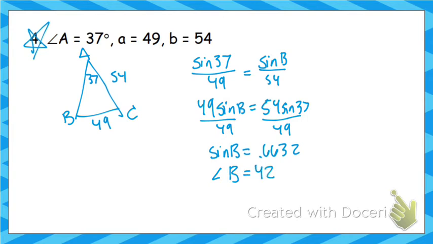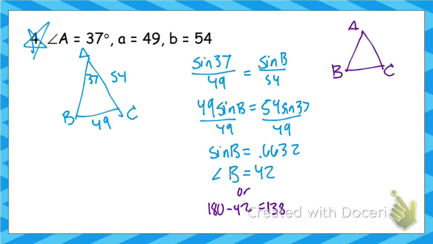But again, we have to be careful. With the ambiguous case, there is a second possible triangle. So I have to do 180 minus 42 to find that second angle, which is 138 degrees. Okay, well, now let's make sure that answer actually is possible. Let me draw my second triangle. I'm going to relabel all of the original given information.